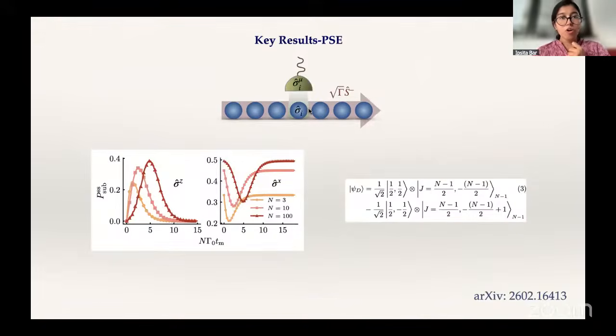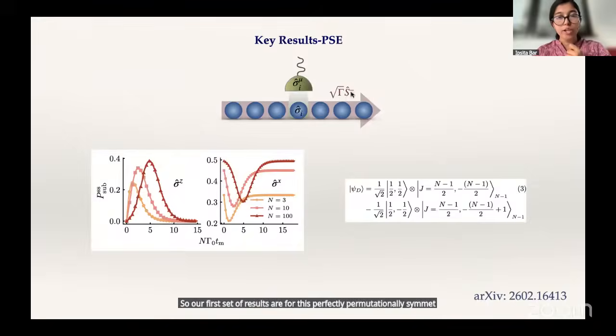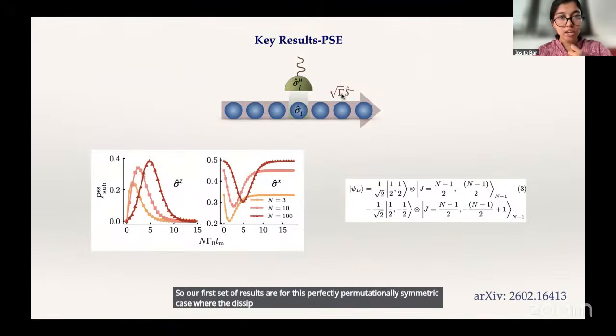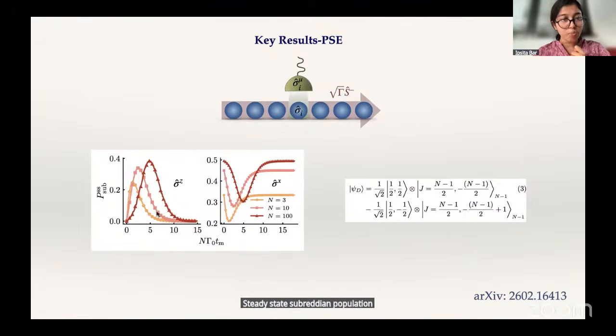So our first set of results are for this perfectly permutationally symmetric case where the dissipator is this collective S minus. So with one measurement, we show that this graph is steady state subradiant population versus the measurement time.